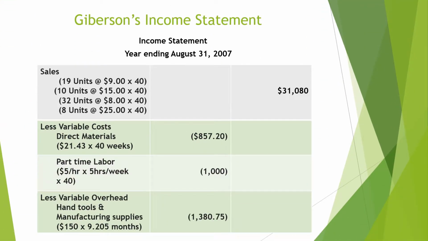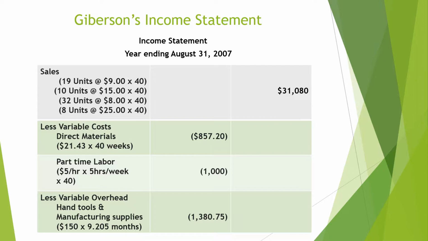Here we have the income statement for year ending August 31st, 2007. The average sales of Mr. Giberson's Glass Studio are used to determine the total sales revenue for the year ending August 31st, 2007. To determine the total sales, we must multiply the number of units per week times the sales price and times the number of weeks.